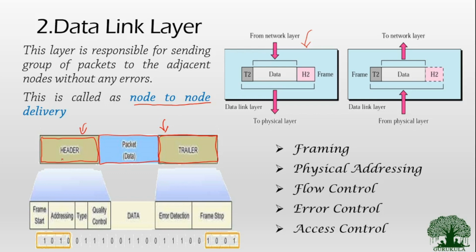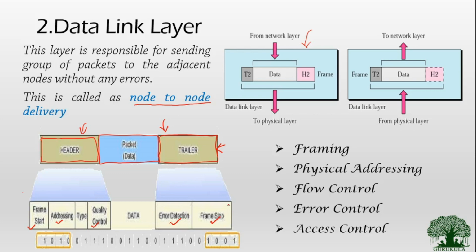Because the header will contain sufficient and useful information so as to represent the start of the frame. That will also represent what addressing type has been used, and the quality control data. And the trailer will represent the error detection part, and will also include a certain number of bits which represent the stop of the frame. So that is what we call framing.